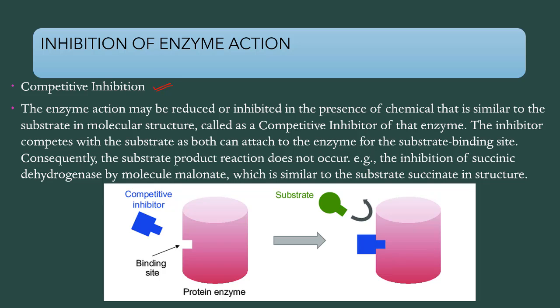According to competitive inhibition, the enzyme action may be reduced or inhibited in the presence of a chemical, a substrate analog or opponent, that is similar to the substrate in molecular structure, known as a competitive inhibitor. So there is a substrate and there is an analog of that substrate which tries to mimic it to attach to the active site.